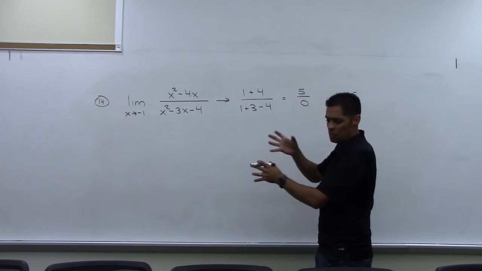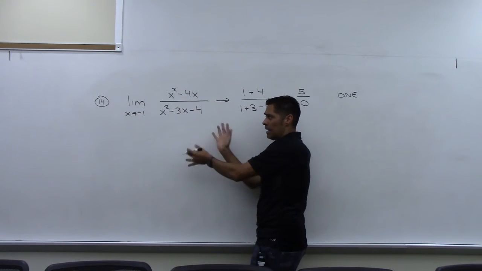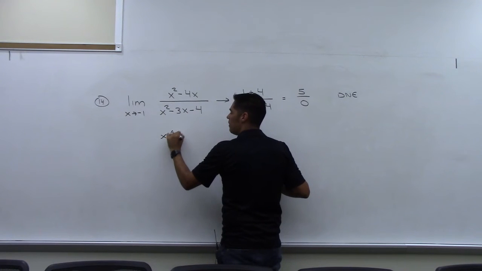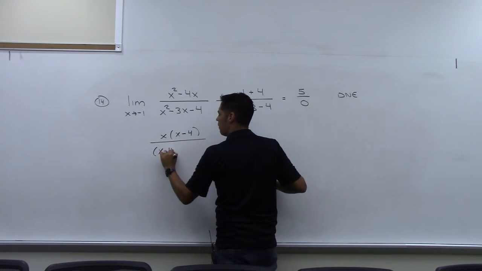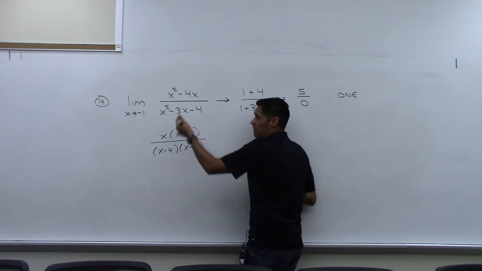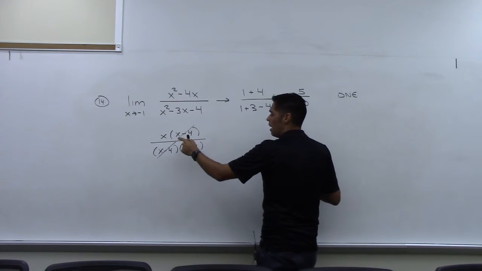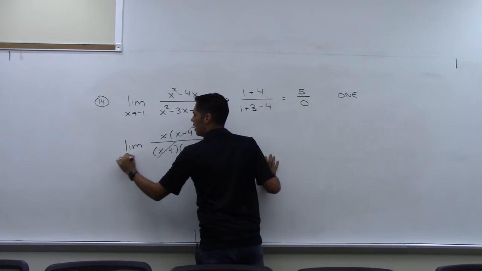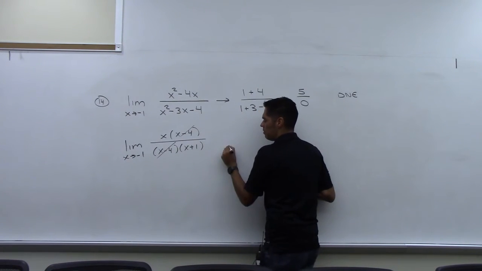So when we had the 0 over 0 like the previous problem, when we factored, we were able to cancel a factor. If I were to factor, even if I canceled this, then I took my limit as x approached -1. Notice that this is the part that's going to become 0.